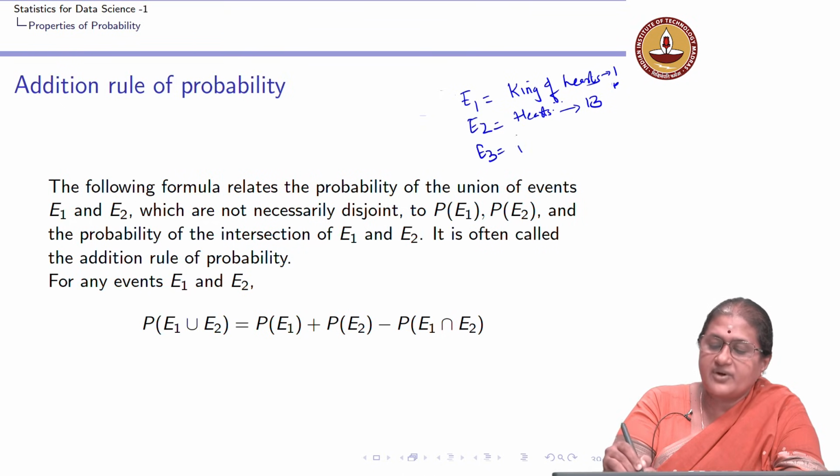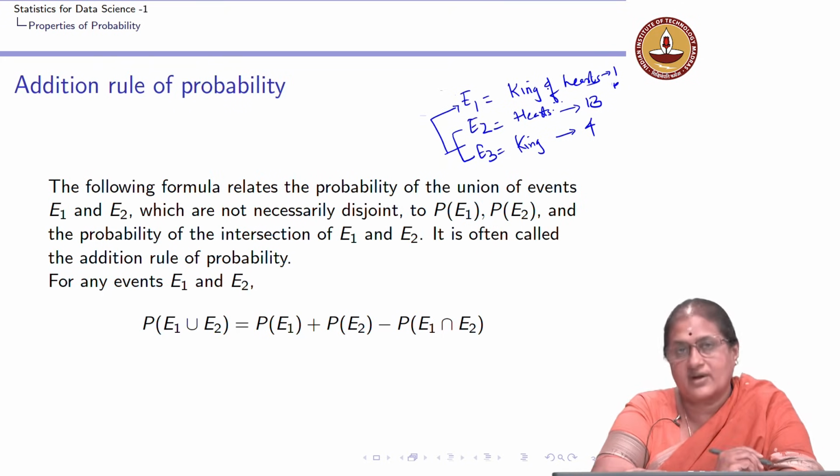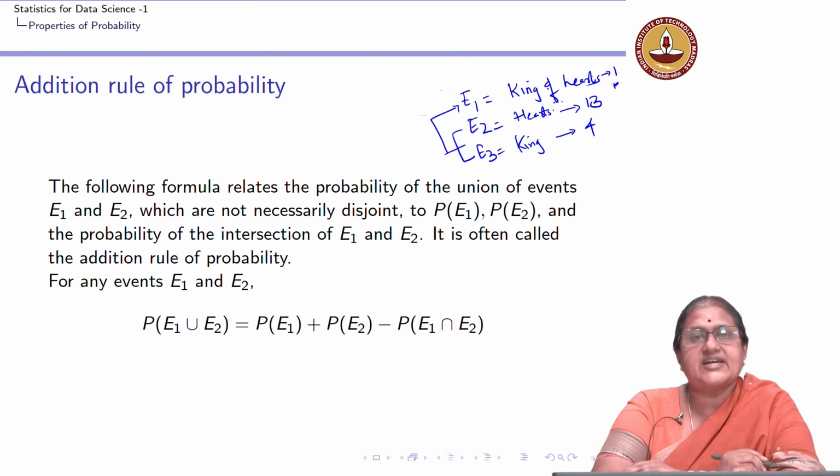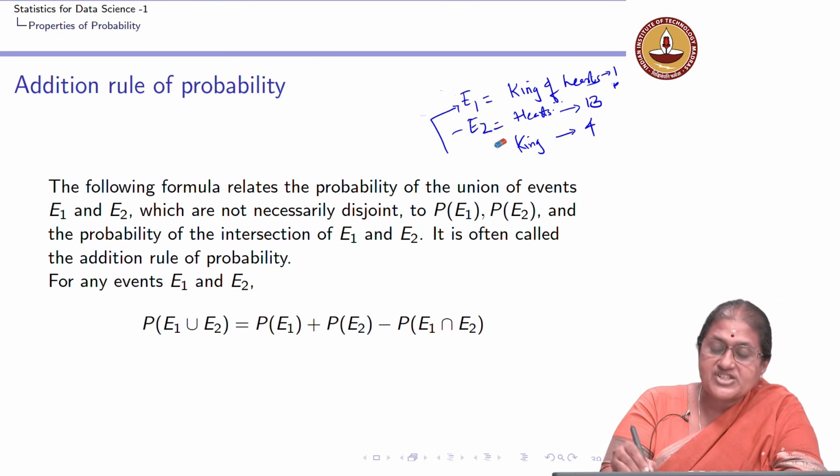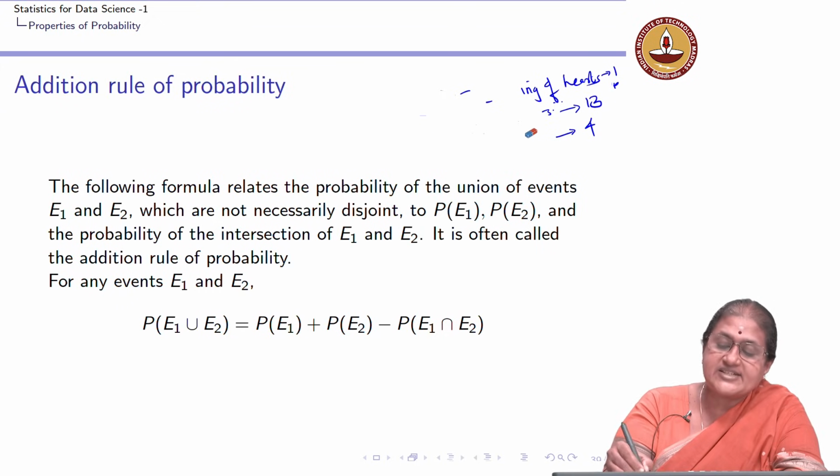The third event we defined was a king, so this had 4 cards. E2 and E3 had one card in common, and that was a king of hearts. So, you can see that many a time we have events which are not disjoint or which are not mutually exclusive. So, the natural question to ask is, how do I compute the probability of the union?